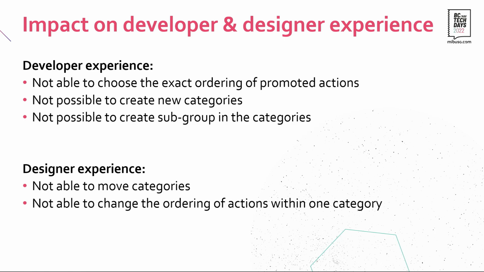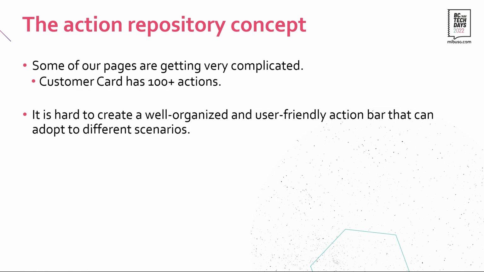On top of this, we started to get very complicated pages. For example, our customer code has literally more than 100 actions. And it was getting hard for us to create a very well-organized and user-friendly action bar that can adapt to different scenarios. So we thought about maybe extending our ideas of the action repository concept.